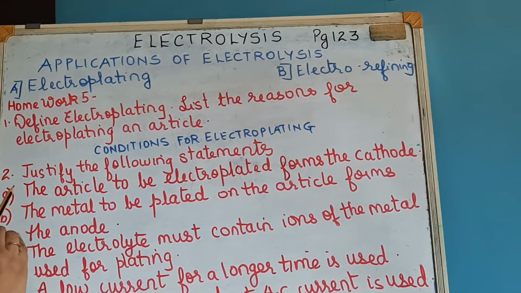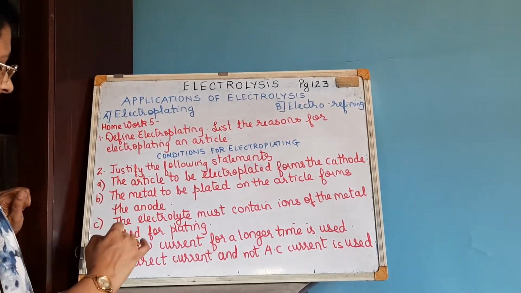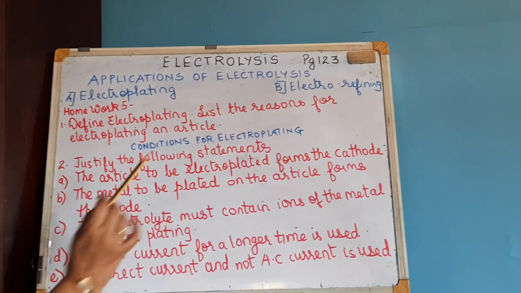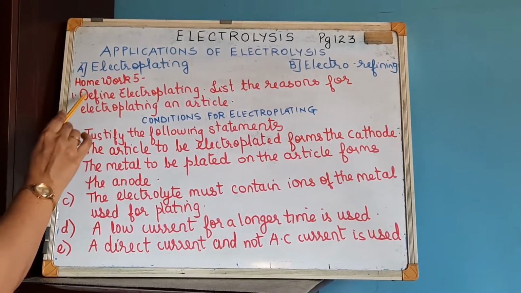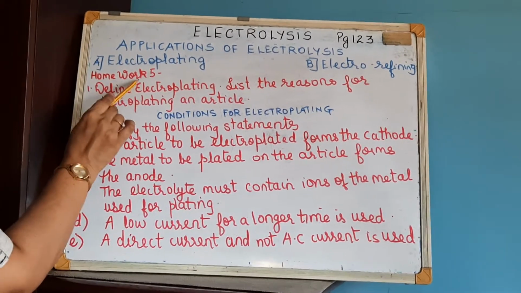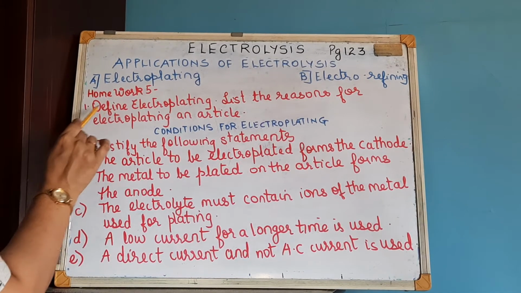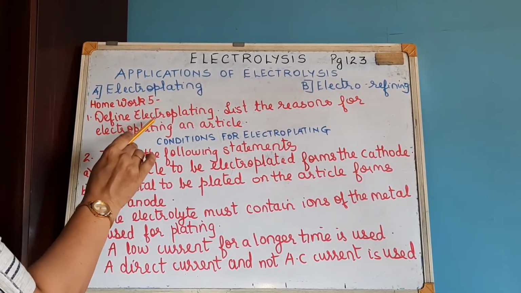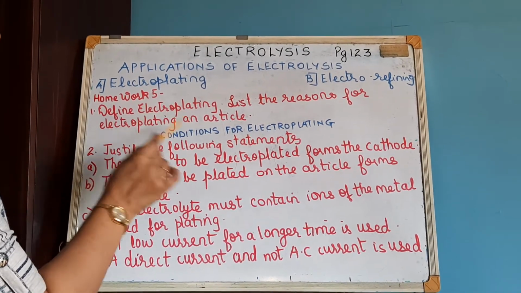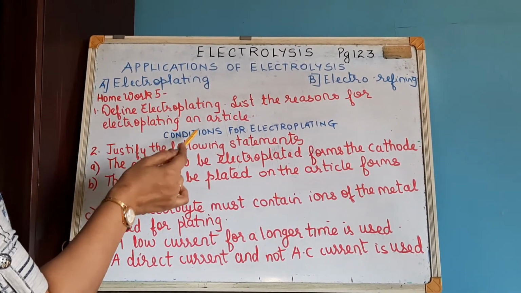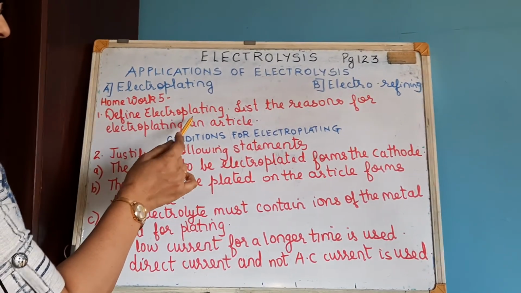These are important. That's why we wrote the question in this form, justify the following statements. Okay, this is your homework. Then see here, this also is your homework 5. Define electroplating, again important, give 5 stars to this. Electroplating is the process of electrolytic deposition of a superior metal, such as nickel, silver, chromium, gold, on the surface of a baser metal like copper, iron, brass.